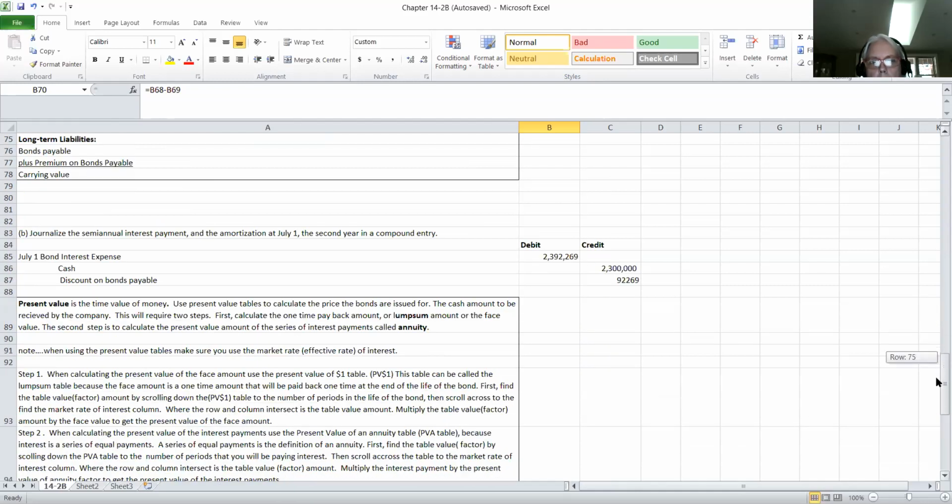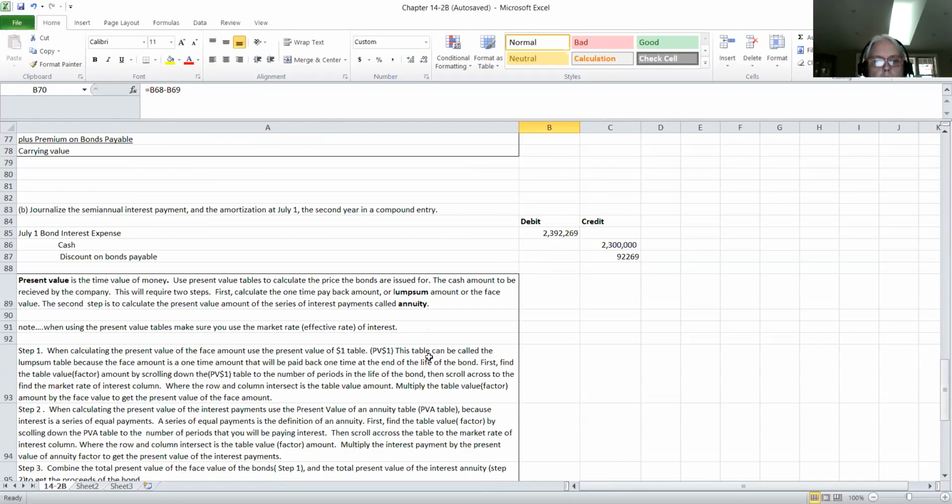In the last part of this problem, they're going to ask you to calculate the present value of the bond issue. I think they just wanted you to see mathematically how you would calculate the amount of cash in the bond issue.